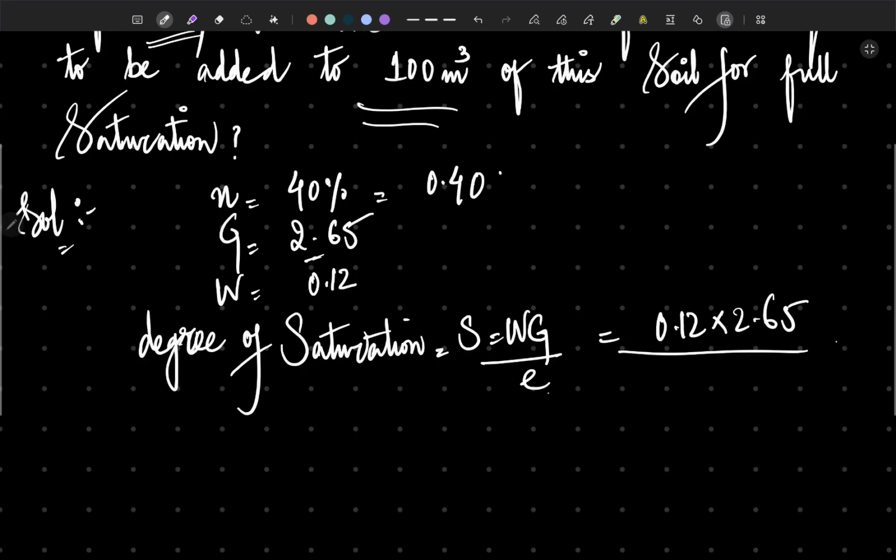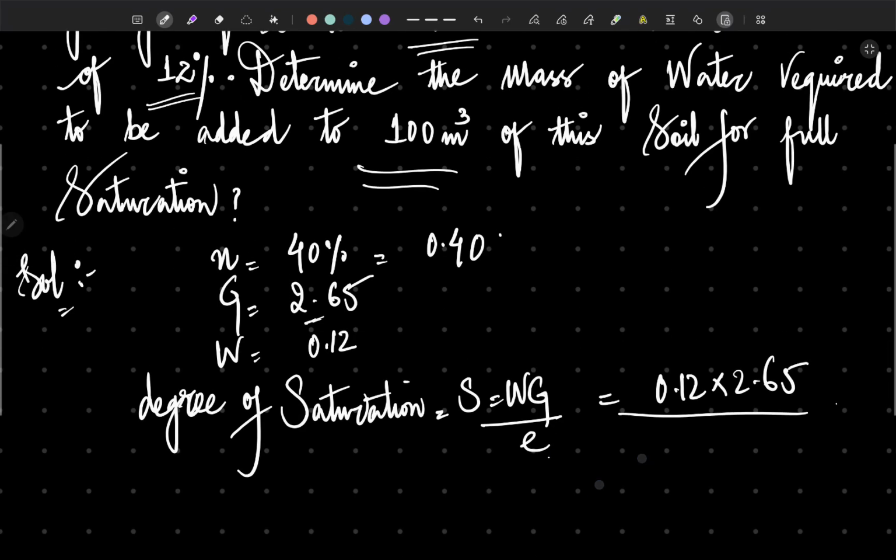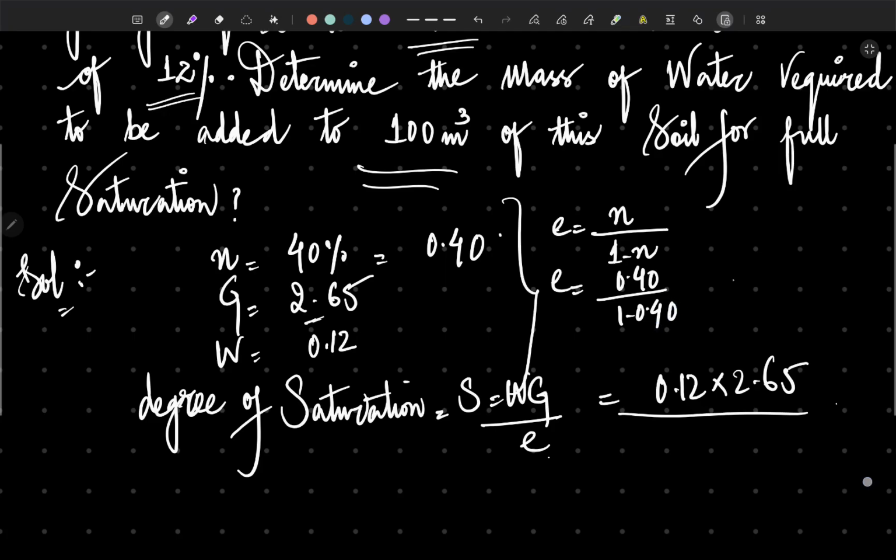All right, e. We don't know e, we know n, but we know the expression relating porosity and the void ratio. e is equal to n divided by 1 minus n. Void ratio e, porosity 0.40 divided by 1 minus 0.40. By calculations, void ratio is equal to 0.66.